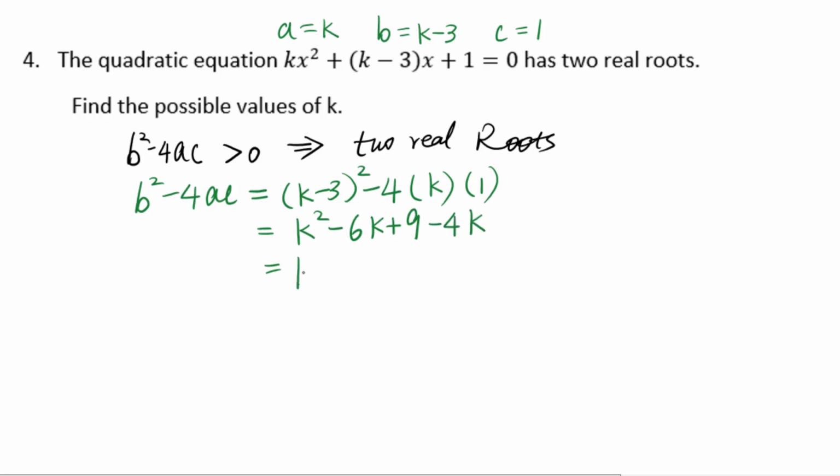Combine like terms: k squared minus 10k plus 9. We will set up this discriminant b squared minus 4ac greater than 0.